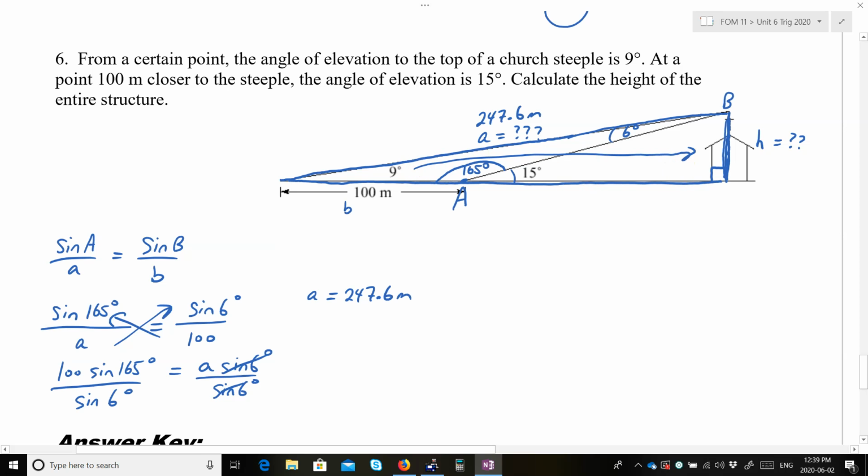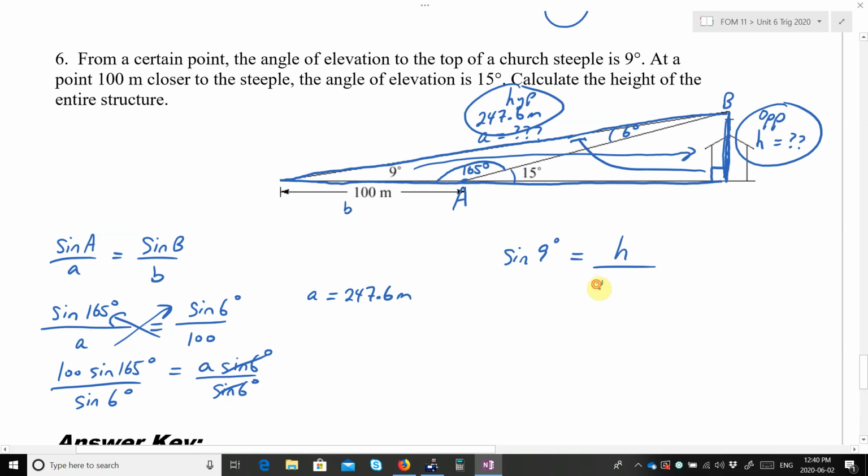Across from the 9-degree angle is the opposite. Across from the 90 degrees is the hypotenuse. So opposite and hypotenuse, I'm going to do sine. Sine of 9 degrees is equal to opposite divided by hypotenuse. And to get h by itself, multiply both sides by 247.6.